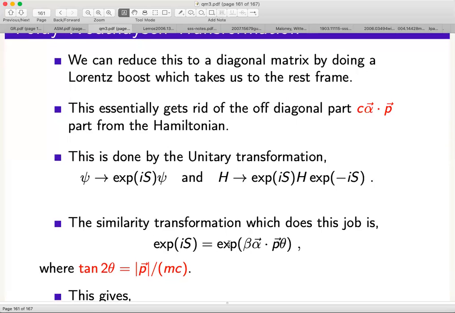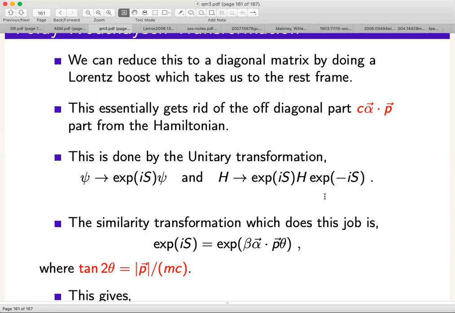So I'll just tell you what is the transformation. One can try to figure out what it is by systematically checking what kind of terms you would require by expanding this object and looking at pieces in this expansion. Okay. Now, if you take e to the is, h e to the minus is and expand both exponentials, that is same as the Baker-Campbell-Hausdorff formula that we talked about in some other context, in some other lecture.